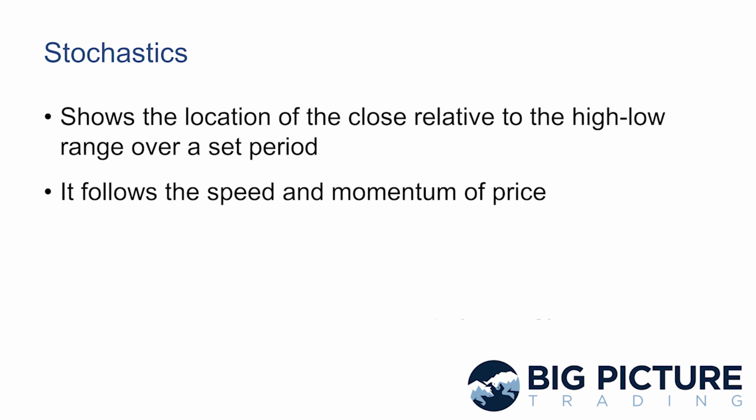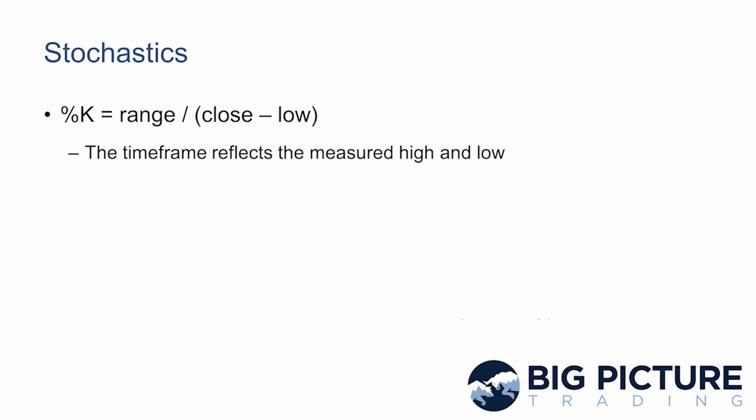The main stochastic indicator is known as the percentage K. The percentage K is the close minus the low, divided by the range of the underlying security, and this is the way the percentage K oscillates. Now, the percentage D, very similar to the MACD, is the signal line.